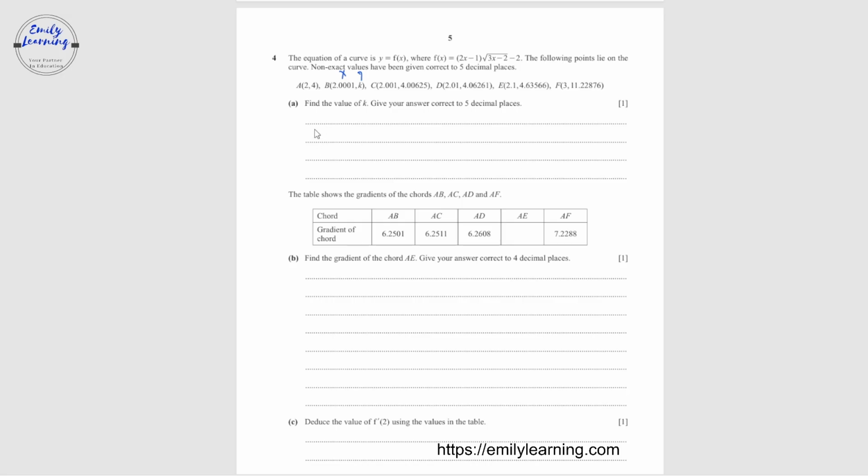right? So I know that k is essentially equal to 2 times 2.0001 minus 1. Okay, then 2.0001 minus 2, then holding minus 2. So type it into your calculator and you will get the answer.